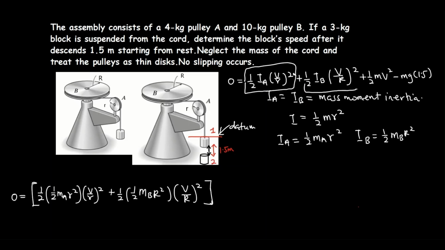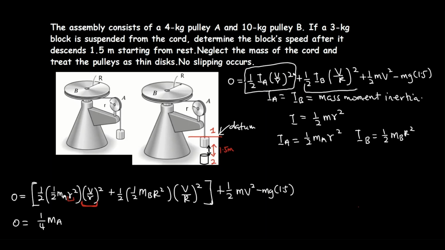Plus half mv squared minus mg multiplying 1.5. So let's do some simplification. Half multiplying half will be 1 over 4 MA, and because I'm going to square this term, you're going to have r squared, and that will cancel out this r squared here. So let's take note of that.